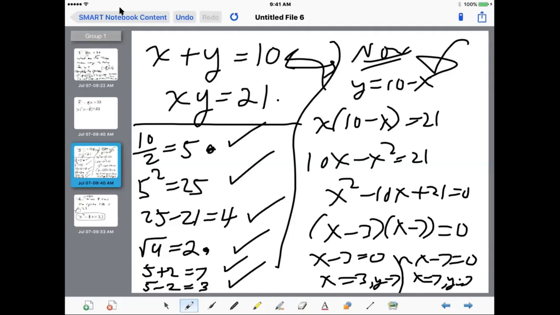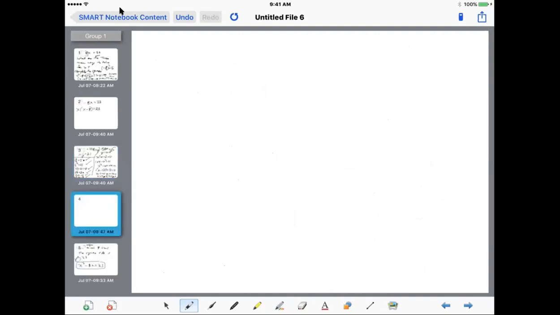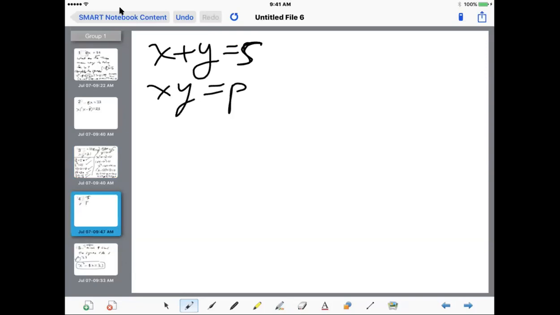Well, let's take a look at why that works. Let's say I'll call this S for sum and P for product.